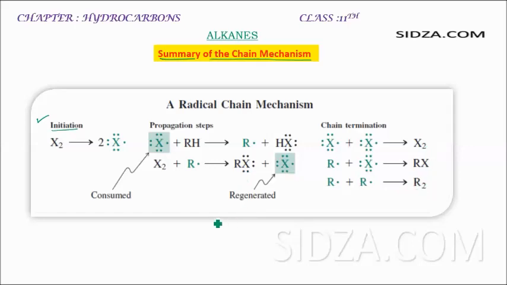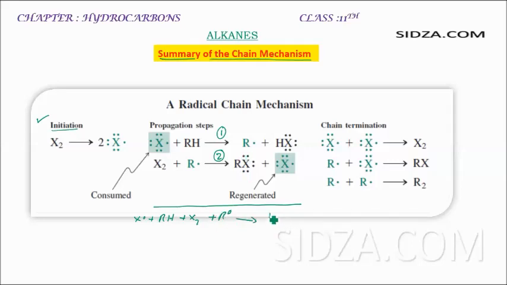The net reaction you can get by adding step number 1 and step number 2 of the propagation. If you add X free radical plus alkane RH plus X2 plus R free radical, what do you get?